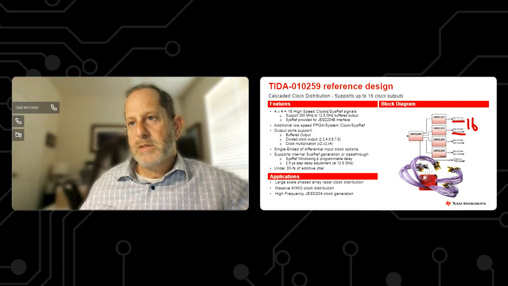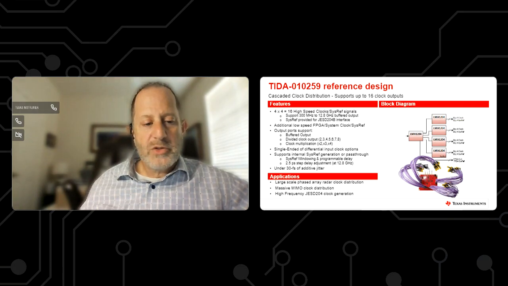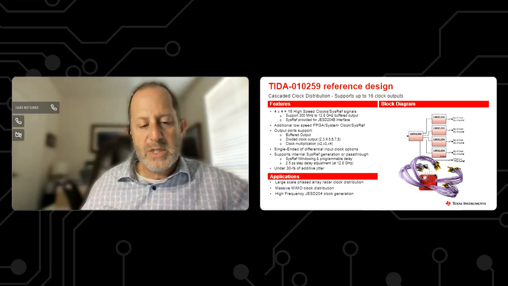So if we're talking about clocking JESD compliant data converters that are going to need sysrefs as well as their sample clock, with this device we can do both of those with one function. There's also some synchronization features that are built in to this device where we can do some sysref windowing and adjust the programmable delay in order to get things well synchronized across multiple channels. We've got about a 2.5 picosecond step delay adjustment even at our highest frequency.